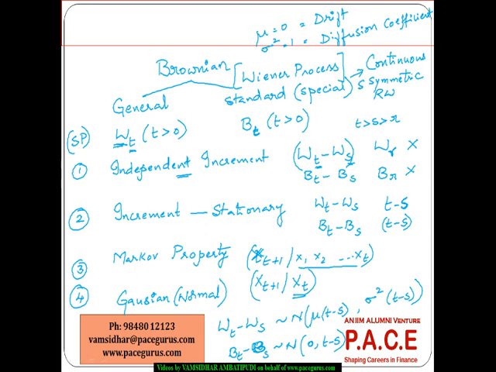The simple symmetric random walk is actually a discrete version. The continuous version of it is typically looked at as the standard Brownian motion.